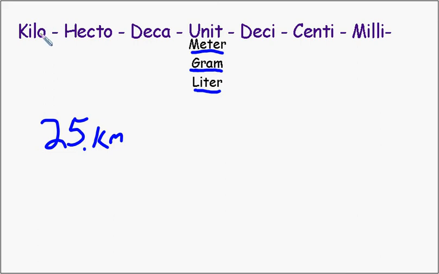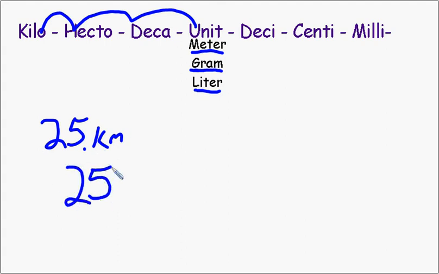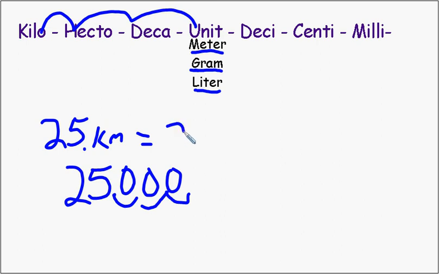So kilo to meter is 1, 2, 3 places to the right. So to write 25 kilometers as meters, I have moved the decimal place 1. Now I have to add zeros. Twice, 3 times. So 25 kilometers is equal to 25,000 meters.